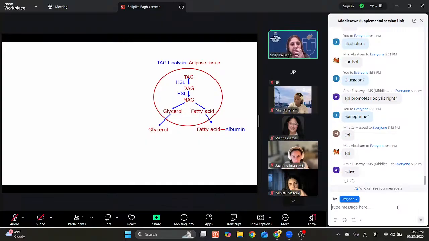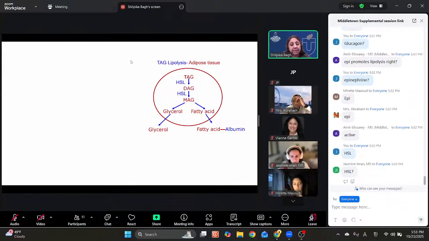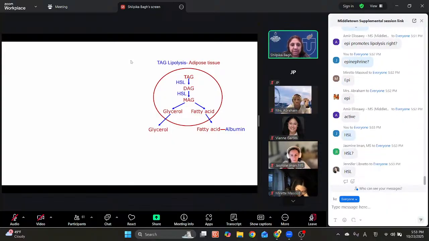HSL. So there's a difference between fatty acid high in the circulation versus TAGs. When HSL is turned on, like a tap turned on, fatty acid is high in the circulation.